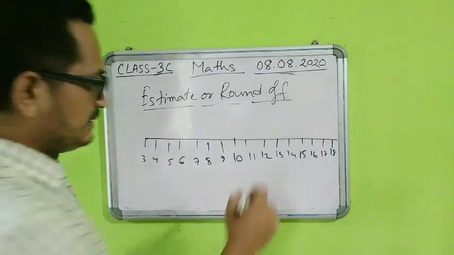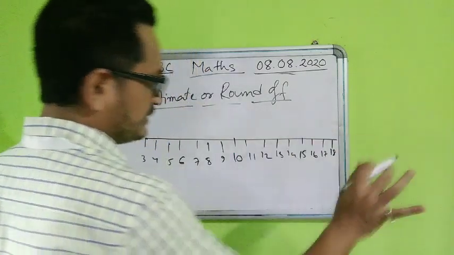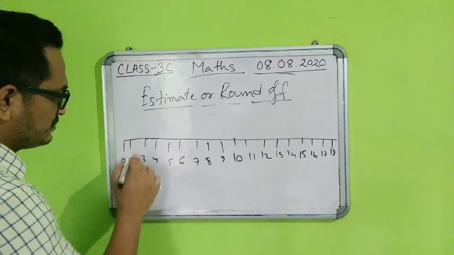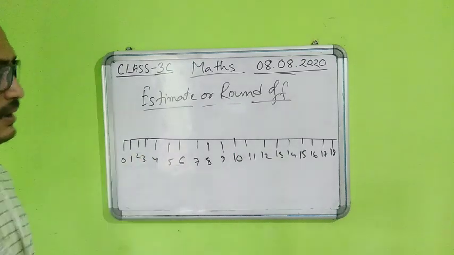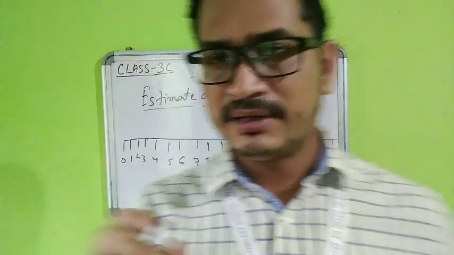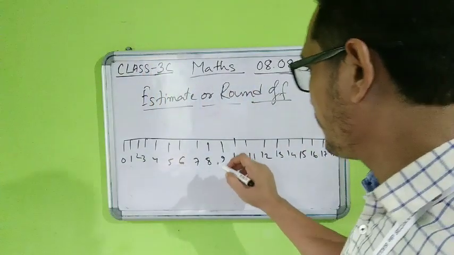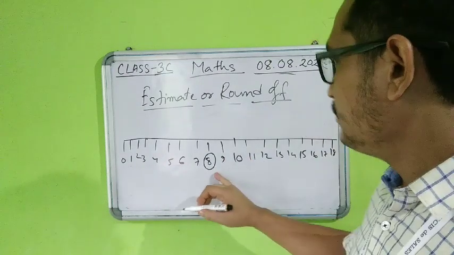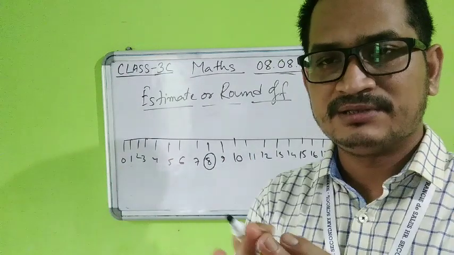Now students, see, this will continue like this. Suppose it has started from here 0, 1, 2. Now students, if I talk about a number, suppose 8, you need to see the numbers on the left and right.